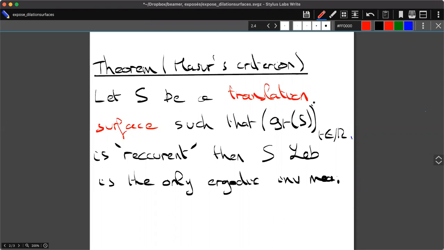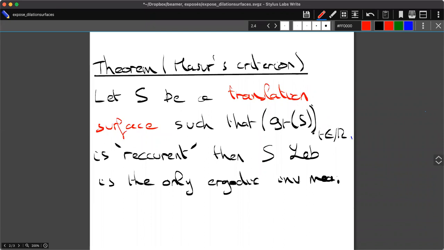So this is a more restrictive class of surfaces. But if you consider them all together, the set of all translation surfaces, you can look at an orbit of a given translation surface S by the Teichmüller flow. So it gives you a trajectory.